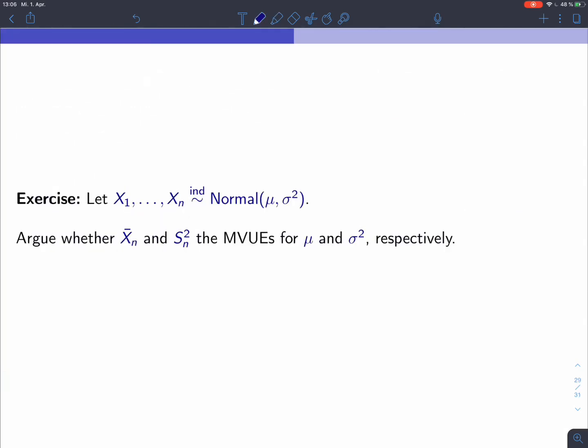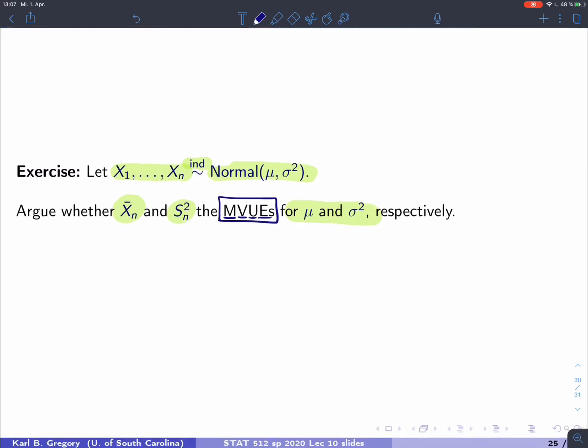As a final example, we'll look at a really familiar situation, x1 through xn being a random sample from a normal distribution with mean mu and variance sigma squared. We've been using our whole lives now x bar and Sn squared as estimators for mu and sigma squared. Are these estimators the minimum variance unbiased estimators for their respective parameters? Well, we do know that they are unbiased.